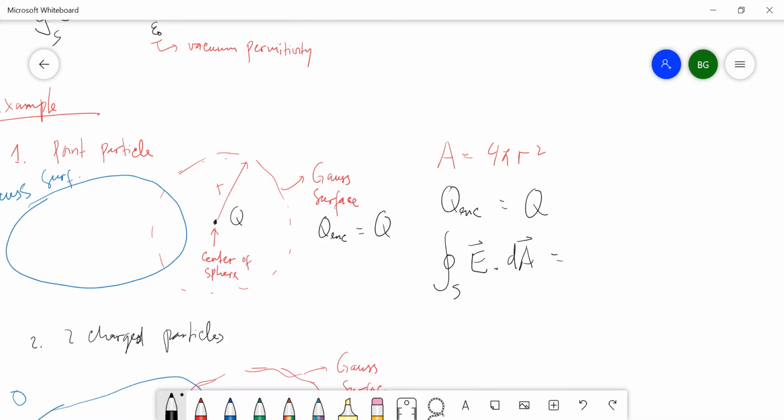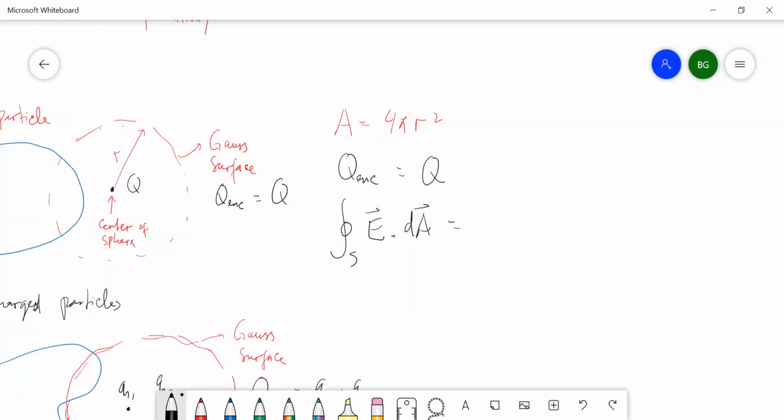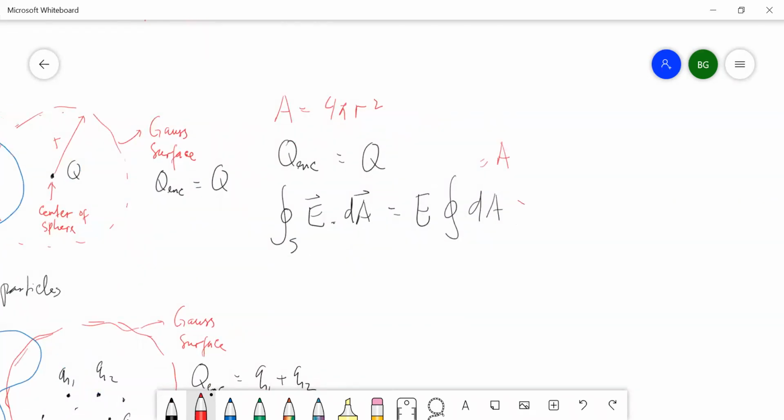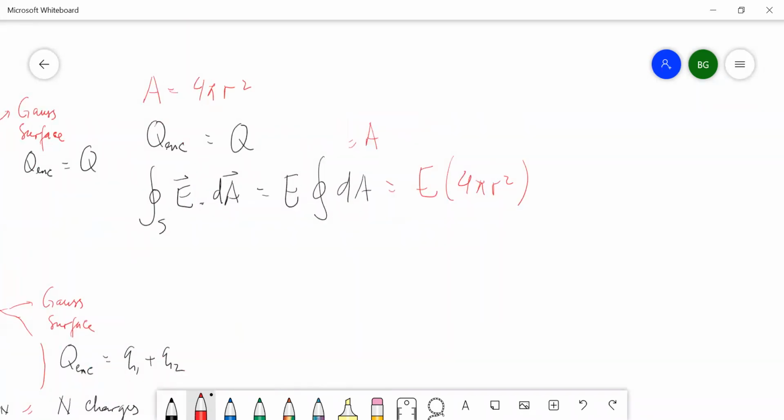Because we only consider the boundary, only this surface, this E here equals E, and the integral of dA equals A. So this is E times 4 pi r squared, and this is Q enclosed, which is Q over epsilon 0.